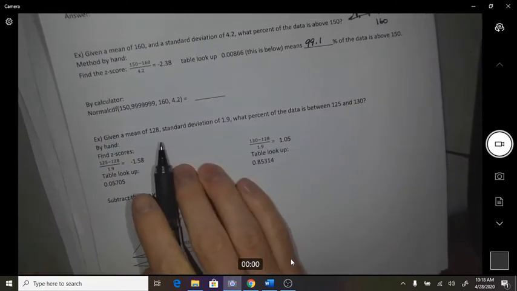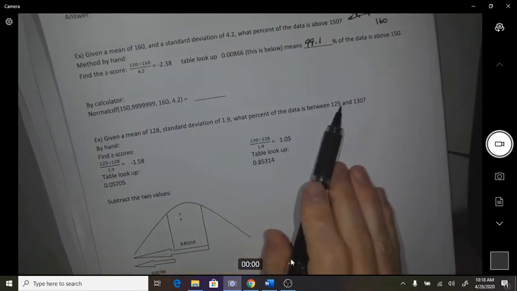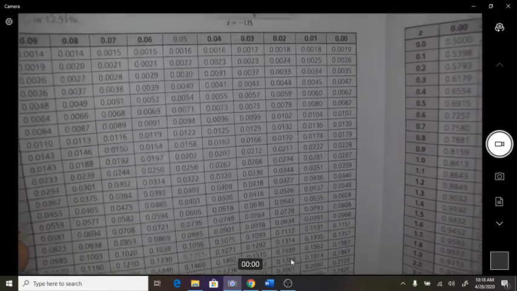Okay, given a mean of this, standard deviation, what percent of the data is between 125 and 130? Okay, so I'll show you again by hand. I'm sure by now you're going to start to realize the calculator's faster. Okay, so what I'm going to do is get the z-scores, so now we know how to do that. So 125 minus the mean over the standard deviation. Okay, I'm going to look that z-score up, negative 1.58.